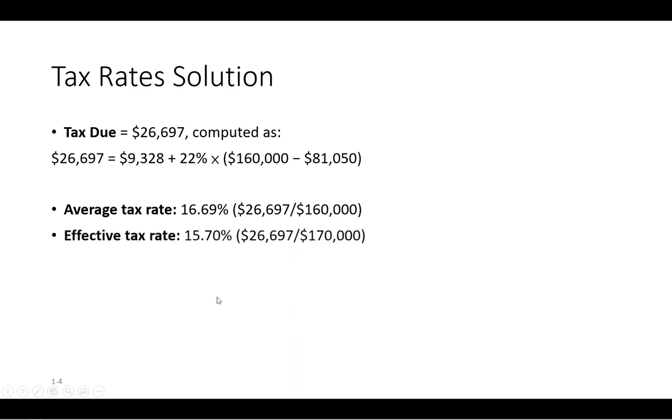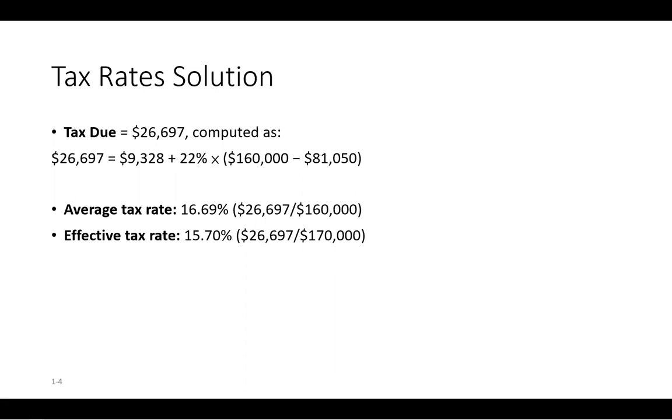The next tax rate is on page 1-8, and that's called the effective tax rate. That's the tax rate on all of your income, whether it's taxed or not taxed. So let's take a look. Their overall tax is $26,697. But how much income did they have in total?